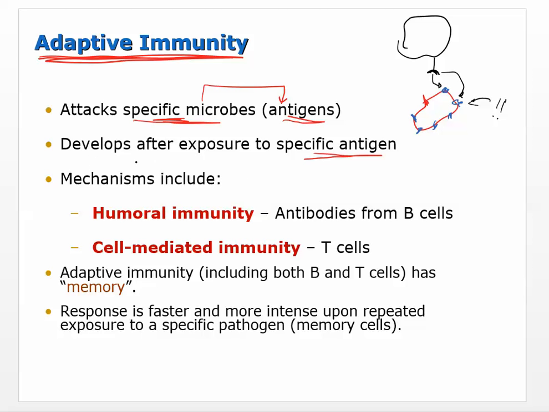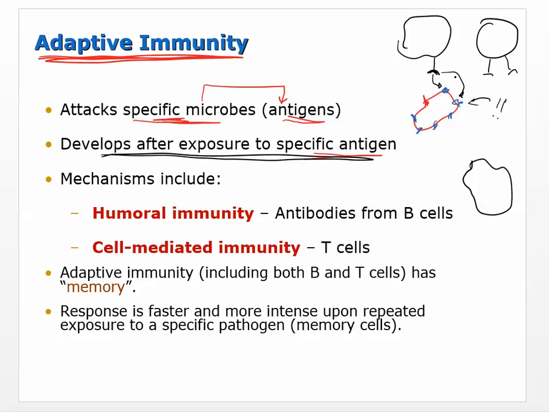So obviously, if it's going to be specific, the specificity or the cloning of it has to develop after exposure. The all-out defense of it has to happen after exposure. So it has to be exposed one time, and then once it recognizes, says, oh, there's something strange, then it can divide more and more. Now, I oversimplified this because really, remember those macrophages. Those macrophages are initially going to tell on it.